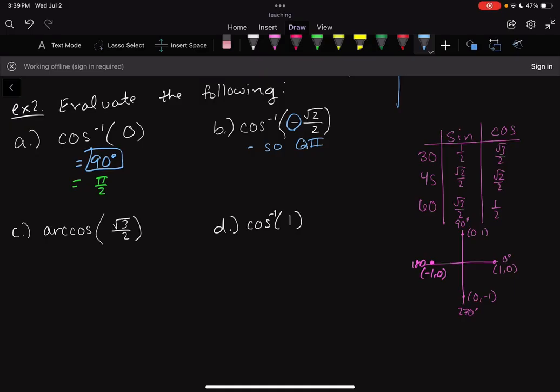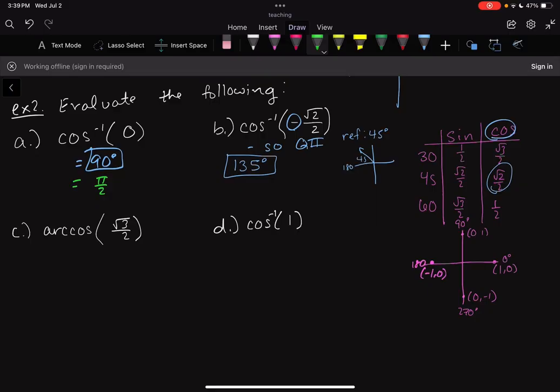But the root 2 over 2, if I come to my table, it says that my reference is 45 degrees. So what I'm looking for is the angle in quadrant 2 that has a reference of 45 degrees. So I would do 180 minus 45, so I get 135 degrees for this one.